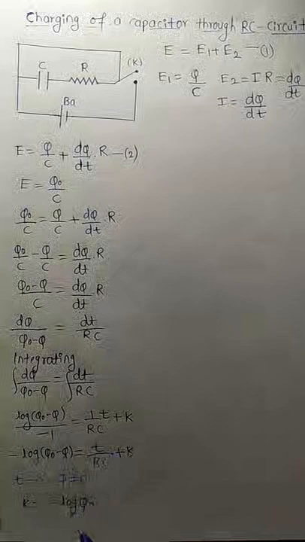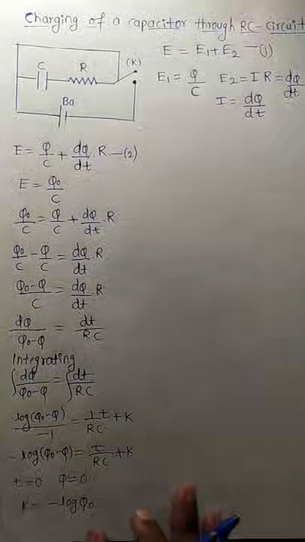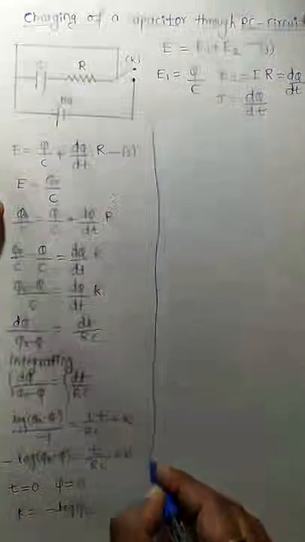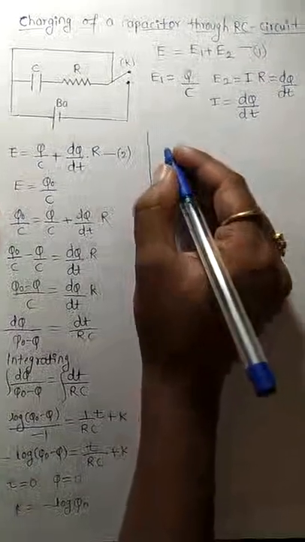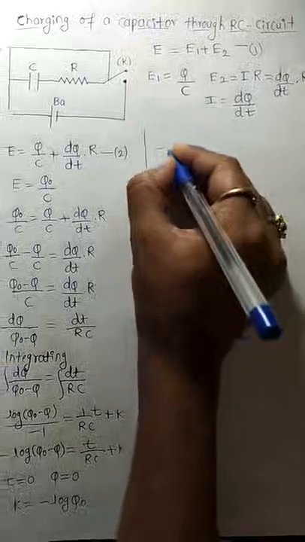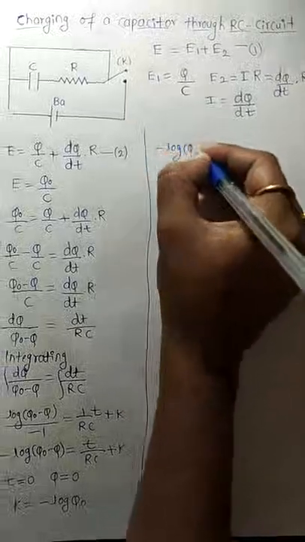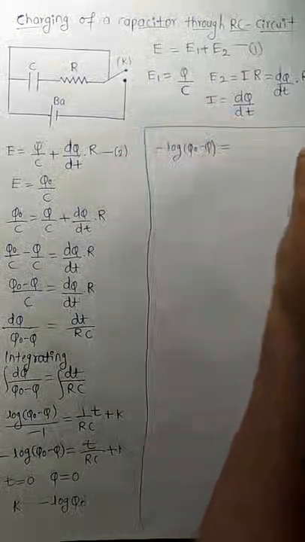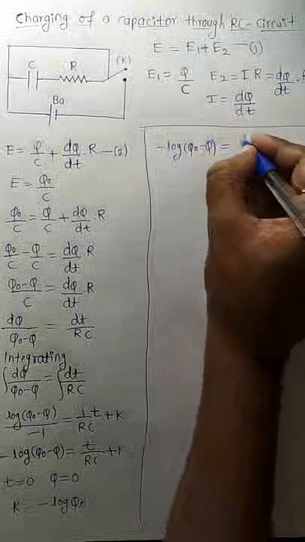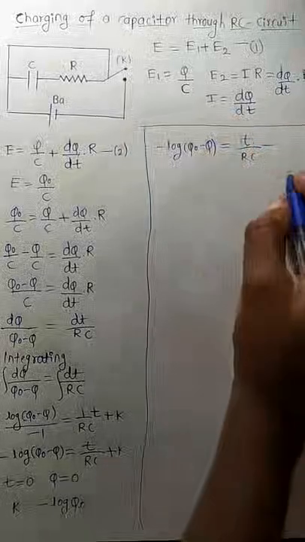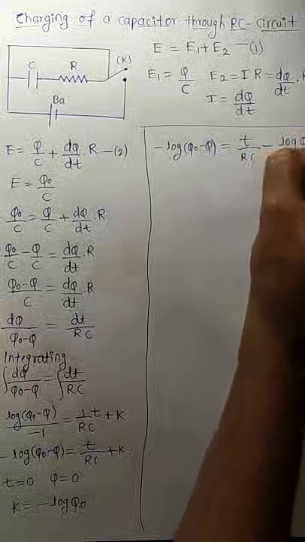So that I wrote. And again substituting in the above equation, we are getting the new equation: minus log of q naught minus q is equal to t divided by rc, and the K value is minus log of q naught.